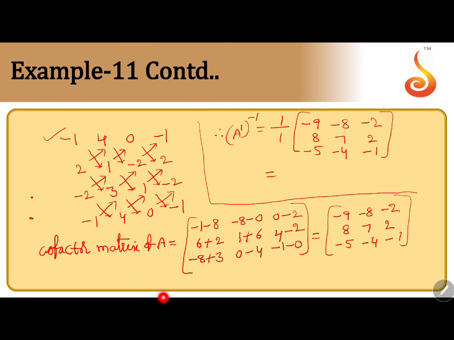Multiplying by 1 means you will get the same matrix again. So this is the answer.